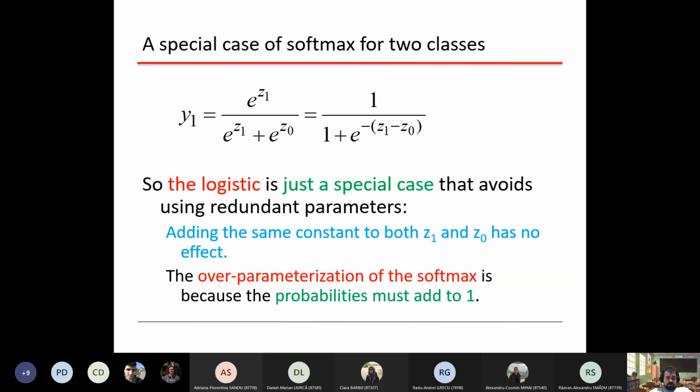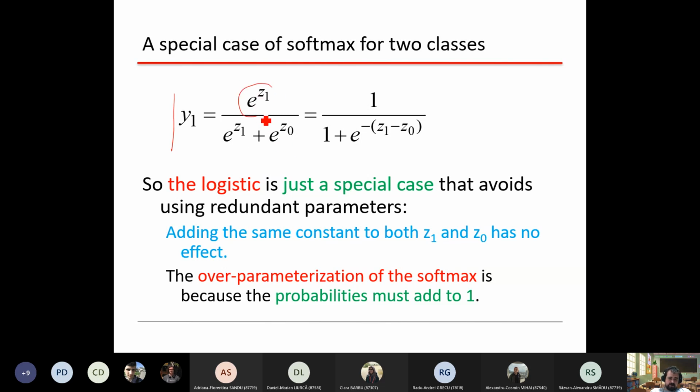And just to show that logistic is a special case of softmax, we can write the case of two classes with the softmax representation. So it's y1, sorry, it's e to the z1 divided by e to the z1 plus e to the z0.